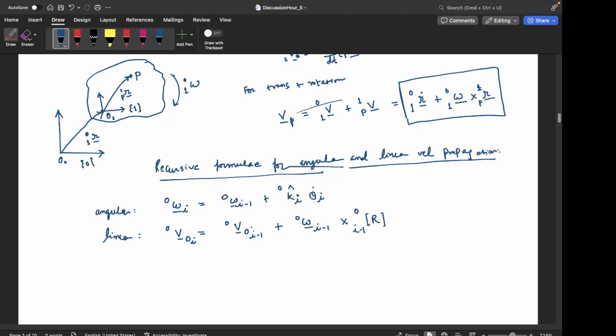Since the expressions that we are writing right now are frame dependent, these have the information of frames. It's not a frame independent equation anymore. What we wrote above is a frame independent equation, right?